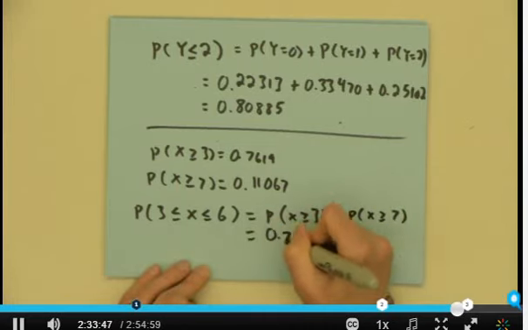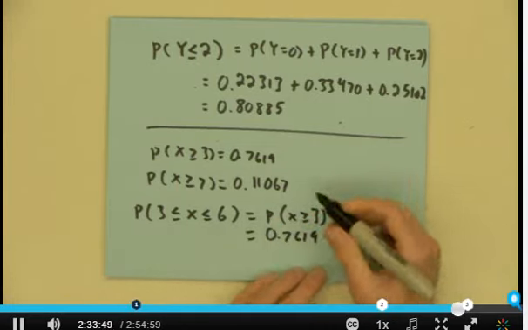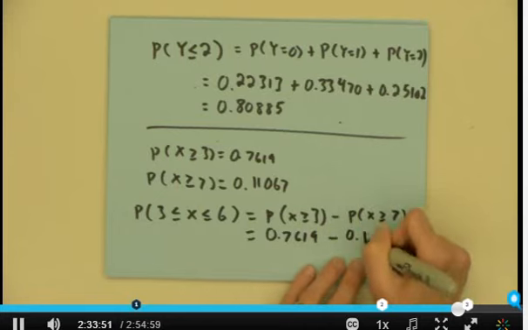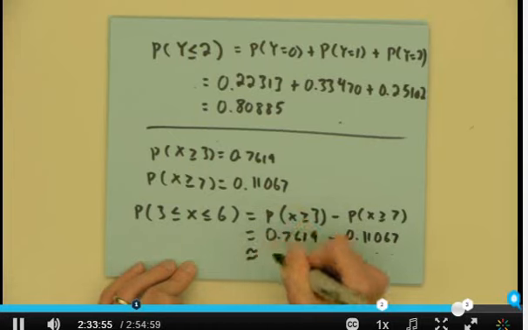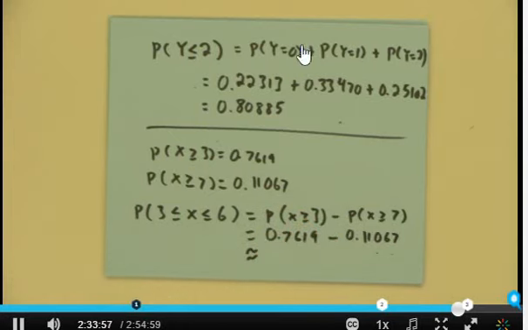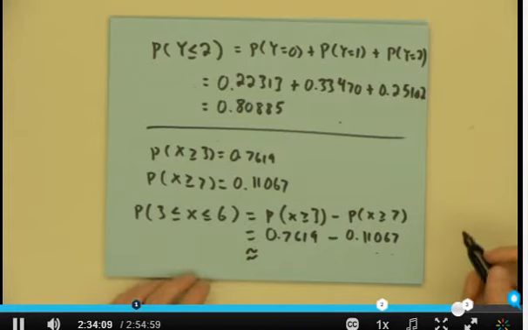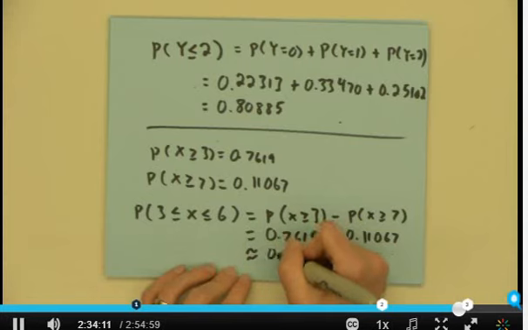So 0.7619 minus the cases I want to get rid of. And let me just do that in the calculator because, again, I'm mistake prone today. 0.65123.